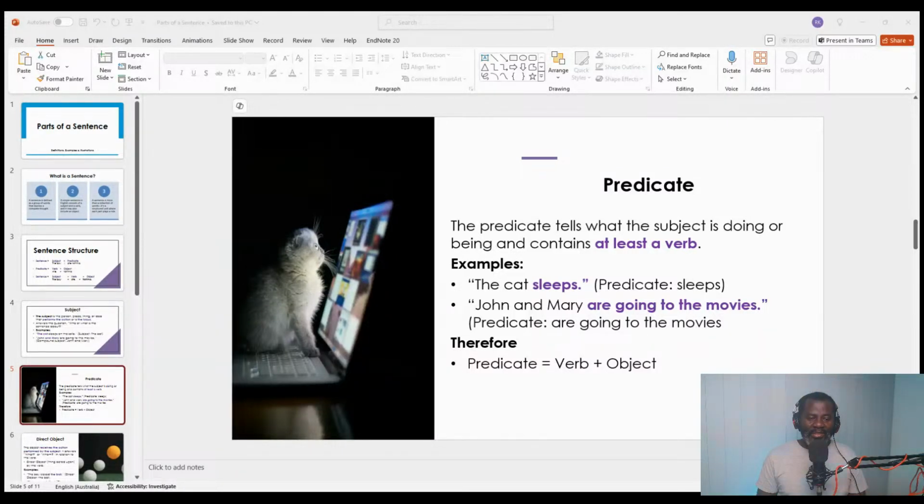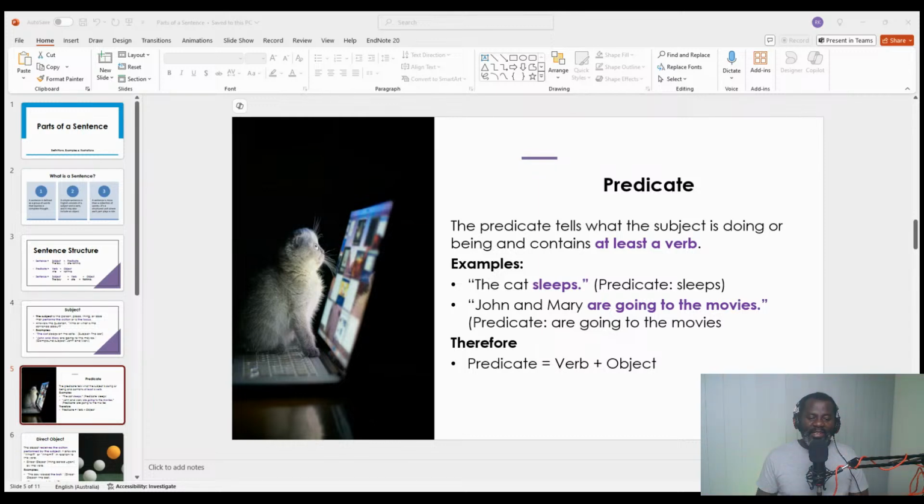In conclusion, I should mention that understanding the core parts of a sentence, which include subjects, predicates, objects, indirect objects, and complements, is essential for clear writing, so that you don't confuse objects with complements and other parts of a sentence, which we are going to look at in a later lesson. Each part plays a specific role, as we saw. A subject is what the sentence is all about.